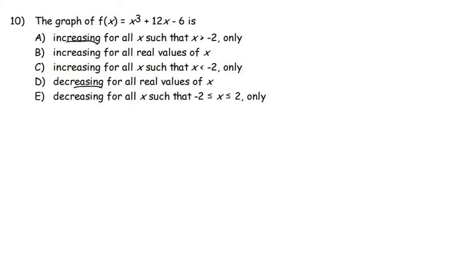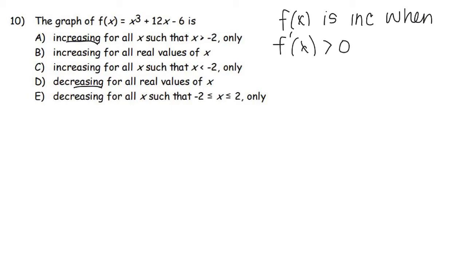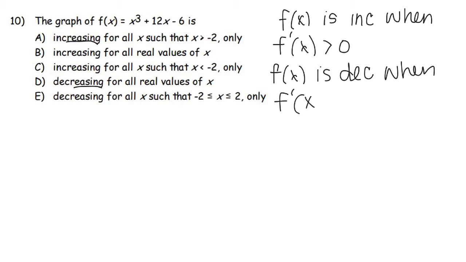Well, if we're talking about increasing or decreasing, then I need to go look at my derivative, because f of x is increasing when f prime of x is positive, and f of x is decreasing when f prime of x is negative or less than 0. So we need to look at the derivative here.